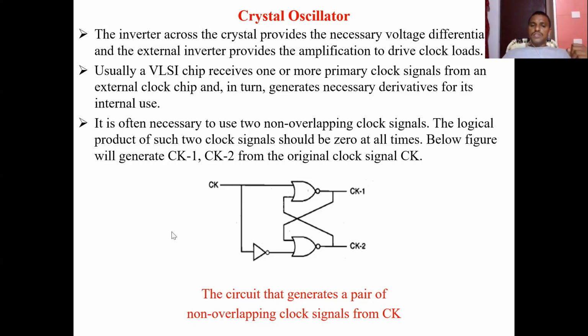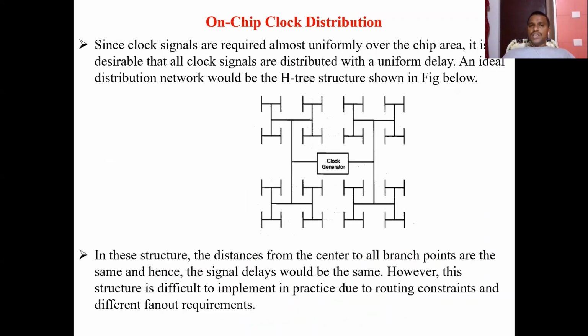But here, this circuit will generate a pair of non-overlapping clock signals from the clock CK. So this is about the circuit that will generate non-overlapping clock signals from the original clock. Right now, these are the generating points of the clock.